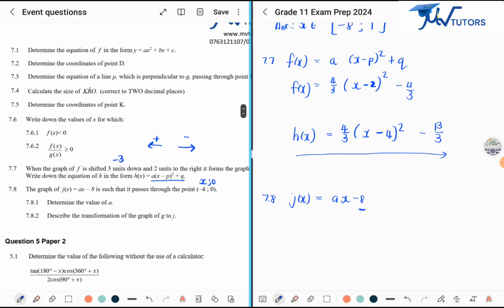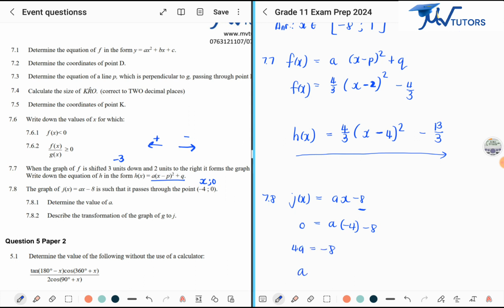And what do they want? They want the value of a. So in this case, I think it's straightforward. You can just substitute the point that they gave you in order to get a. So in the place of y, we have 0, and in the place of x, we have negative 4. So if I take negative 4a to the left, it will be positive 4a is equal to negative 8.